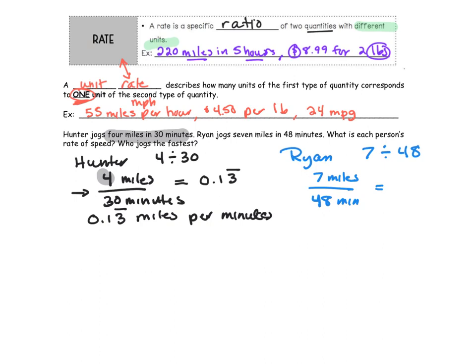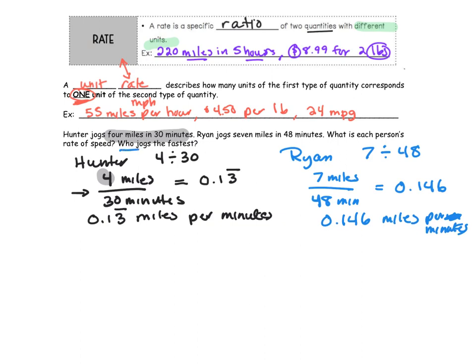Hopefully you came up with 0.146. So we can now say that Ryan traveled 0.146, pronounced as 0 and 146 thousandths, miles per minute. And that's a little bit messy, if you don't mind me just scribbling that out for time's sake.